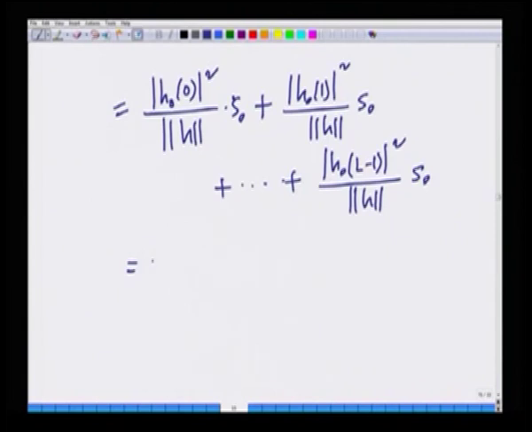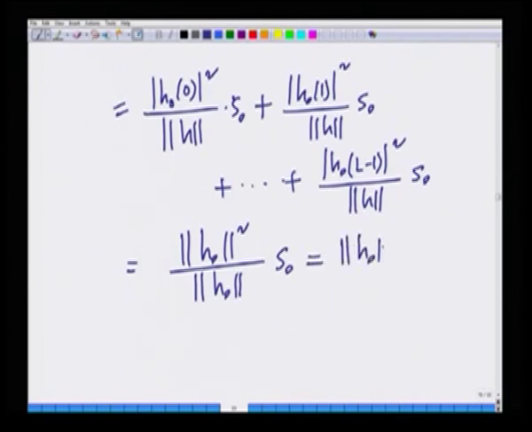The sum of all these components is nothing but magnitude h 0 square divided by magnitude h 0 into s 0. This is nothing but magnitude h 0 into s 0.